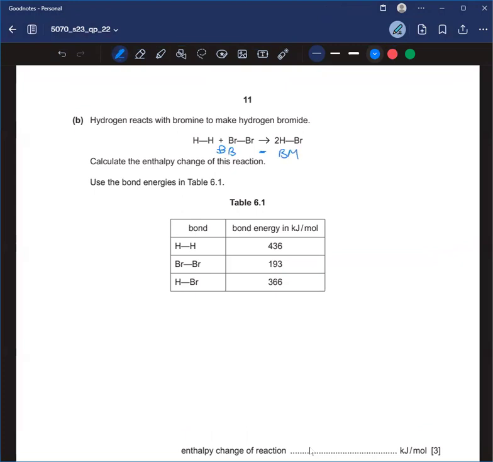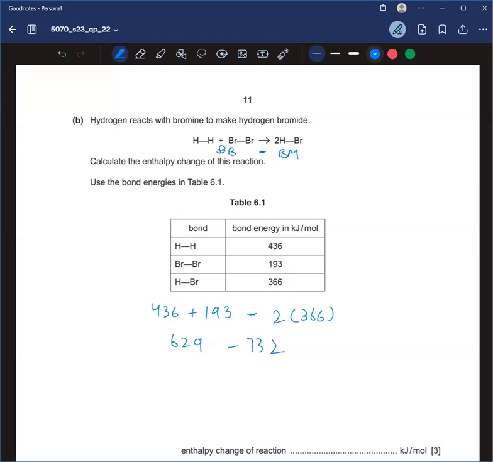So bond breaking: 436 for H-H plus 193 for Br-Br, minus 2 H-Br bonds, 2 into 366. Calculating, 436 plus 193 is 629, minus 2 into 366, so 629 minus 732.